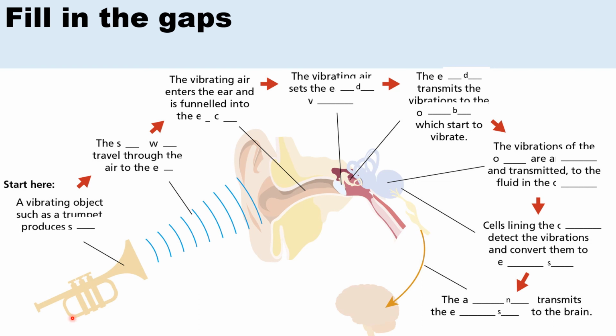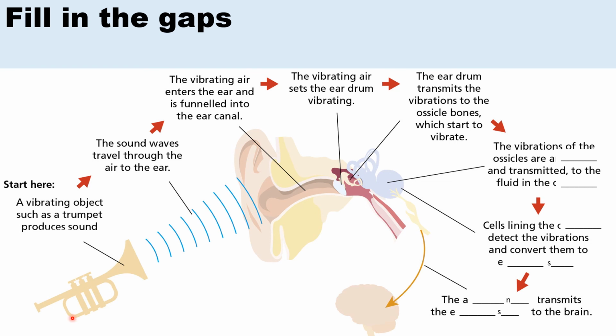So if we just go through these answers. A vibrating object such as a trumpet produces sound. The sound waves travel through the air to the ear. The vibrating air enters the ear and is funneled into the ear canal. The vibrating air sets the eardrum vibrating. The eardrum transmits the vibrations to the ossicle bones, which start to vibrate.